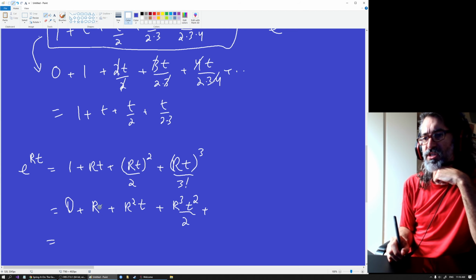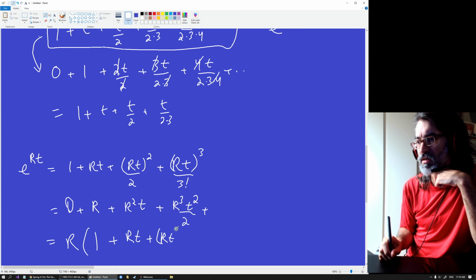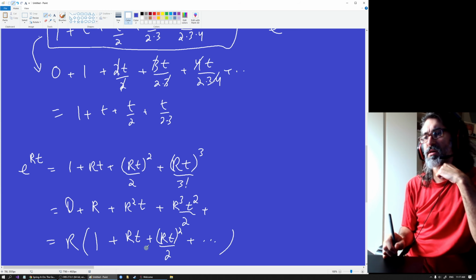So what we're going to do is remove one r from all of this. So it's going to be r times the rest of it when we remove one r. So it's going to be 1 plus rt plus this, remove one of the r's in there, so it's going to be rt squared actually, over 2 plus blah blah blah. So we see that we get the same thing as here.